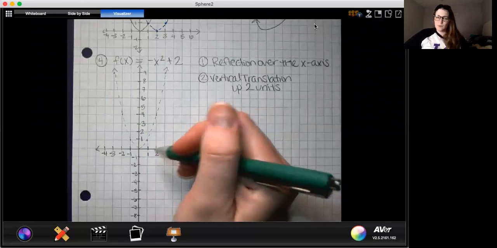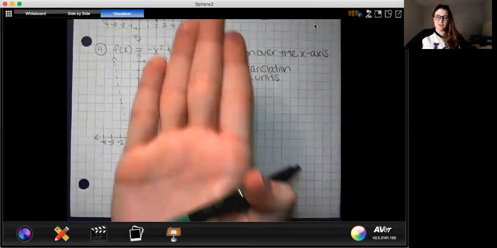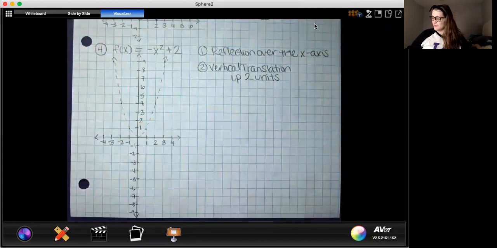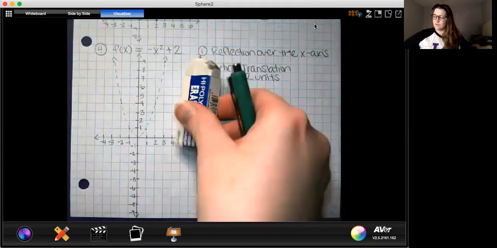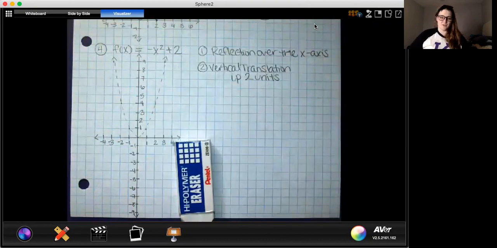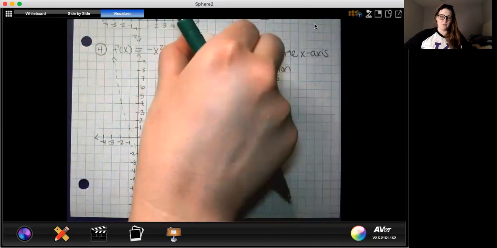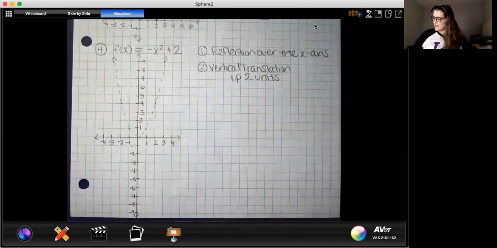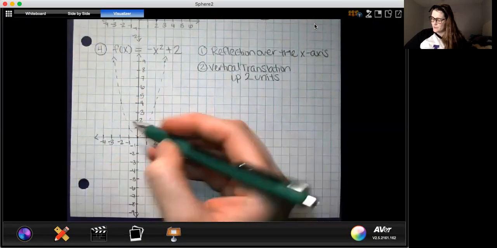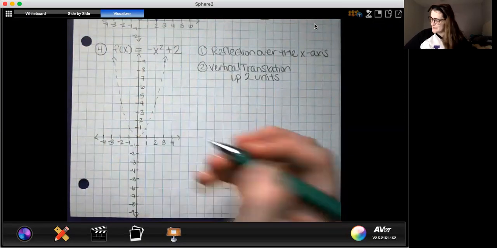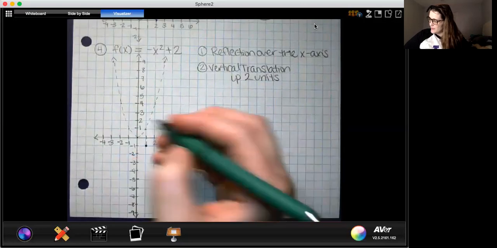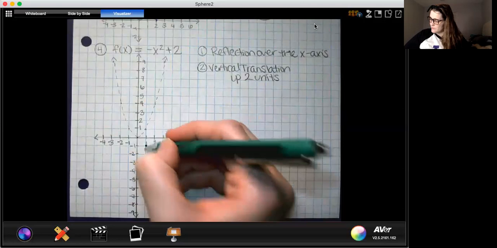So when we reflect over the x-axis, that means everything that's here is going to go upside down. Okay? Essentially, if the graph looks like this, we're going to now make it look like such. Okay, it's going to reflect over the x-axis. So the point 0, 0 is going to stay, because obviously when you reflect 0, 0 over, it stays there. But this one, when reflecting over, it will now become 1, negative 1.